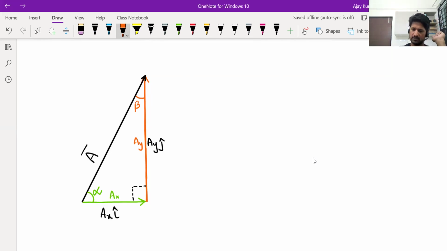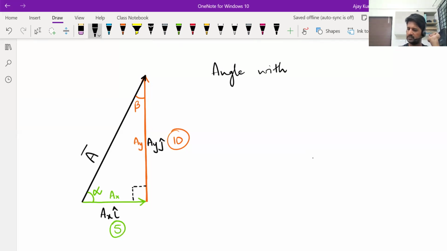Suppose opposite side and adjacent side were known to you. Let's take these same examples. Let's say this was 5 and this side was 10. One of you tell me how to get the angle with the x-axis, means how to calculate alpha in this case.